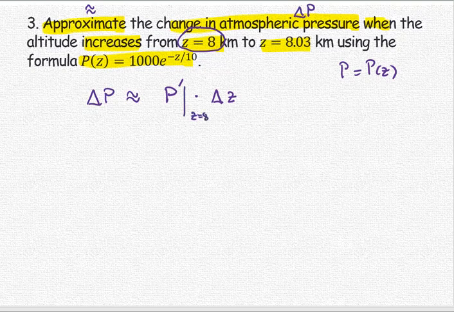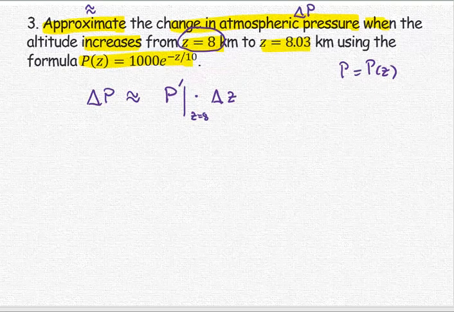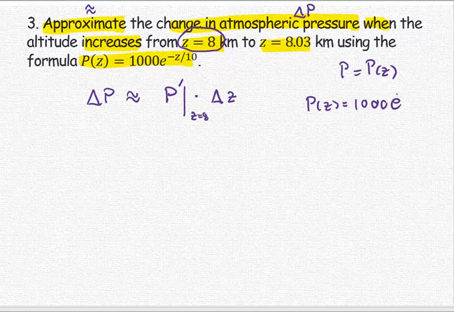Okay. So first we're gonna make a list on the right side here. Since P as a function of z equals 1,000 e to the negative z over 10, the derivative, or d by dz of 1,000 e to the negative z over 10, use the chain rule.